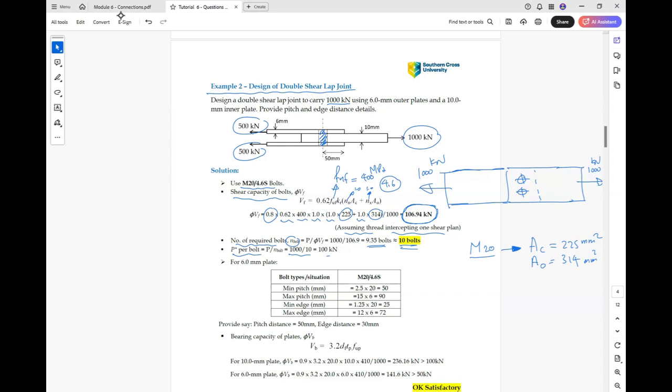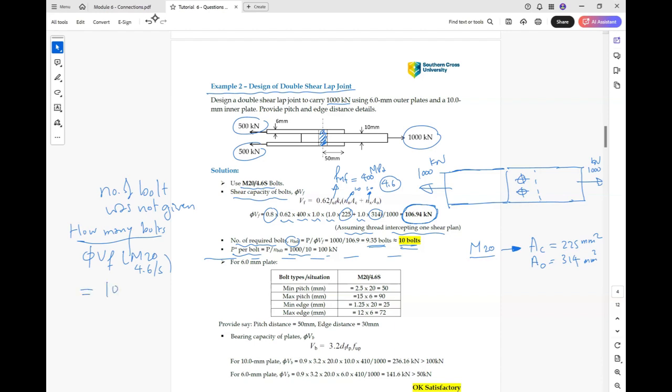Okay, so do you understand up to here? Because the number of bolts was not given, that's why we need to work out how many bolts. To get how many bolts are needed, what we did was get the maximum capacity for each one of the given bolts, which is M20 4.6/S grade.